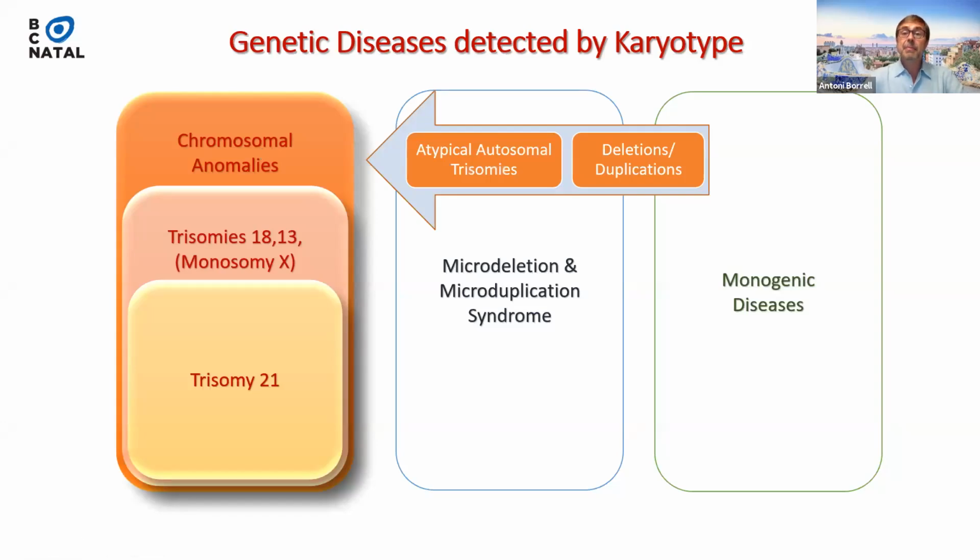They can be atypical autosomal trisomies, full autosomal trisomies, or partial trisomies, that would be a duplication, or a deletion, so instead of extra material, part of a chromosome is missing. Remember that a deletion or duplication can be seen in an optical microscope, can be detected by a karyotype. Microdeletion, microduplication is not detected in a karyotype; it should be a microarray.